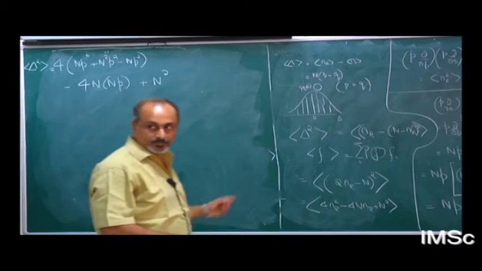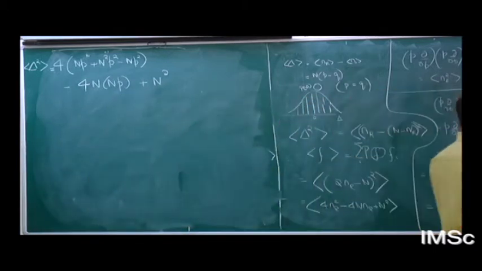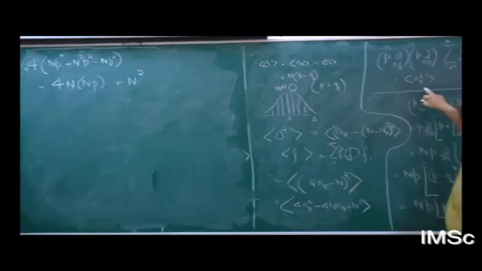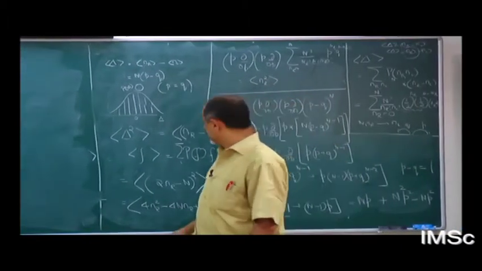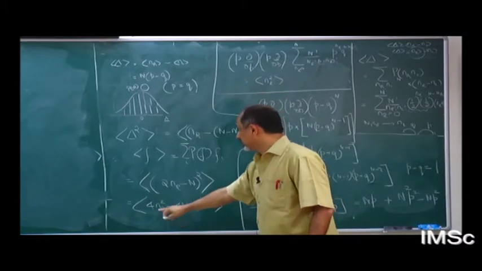Kiran, are you clear? So what I did, all of this calculation was to calculate the average of nr squared. The 4 came from this particular term here, delta squared.